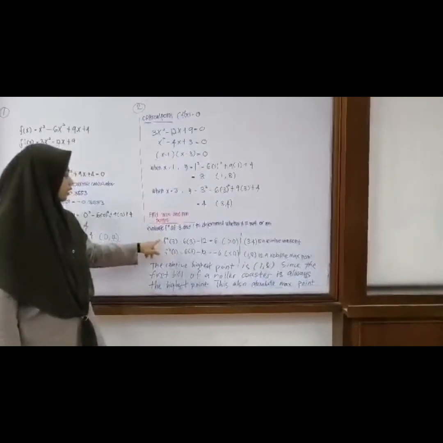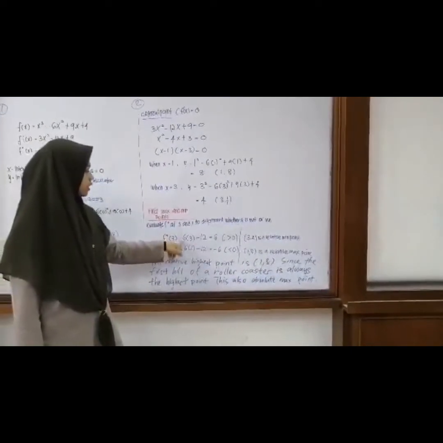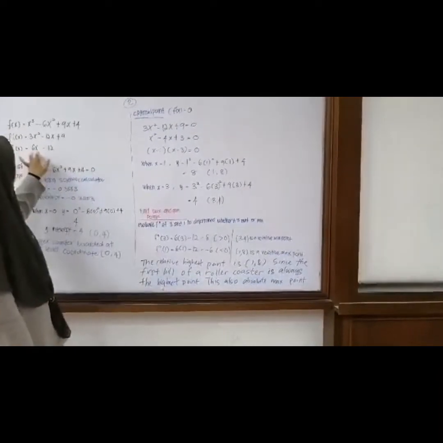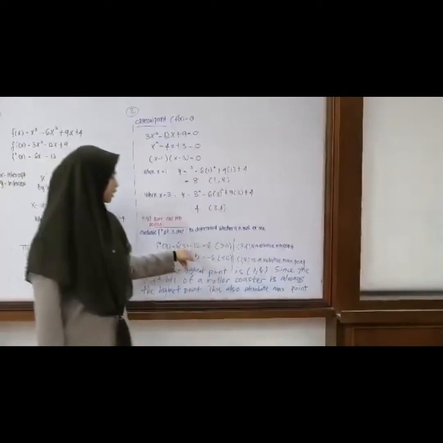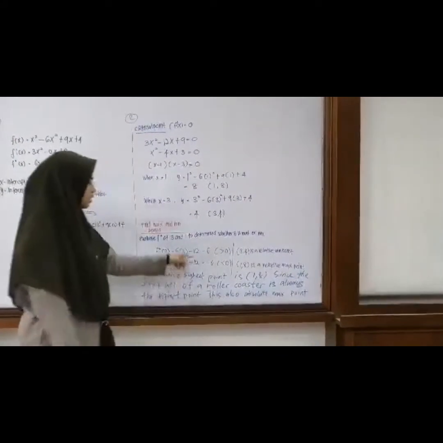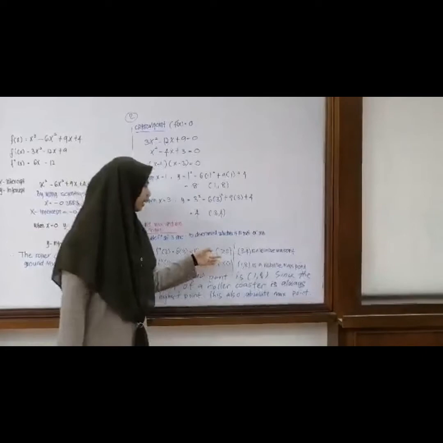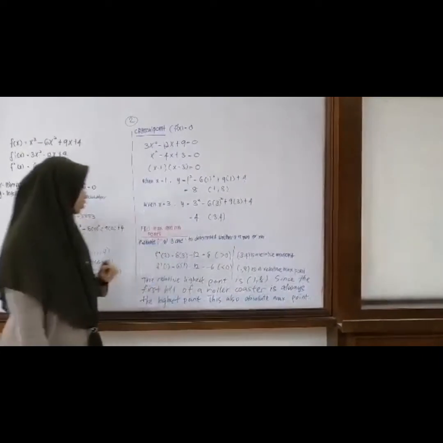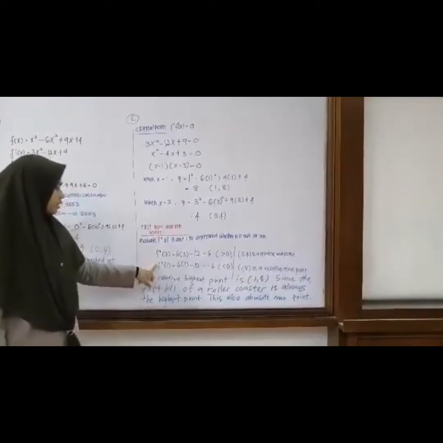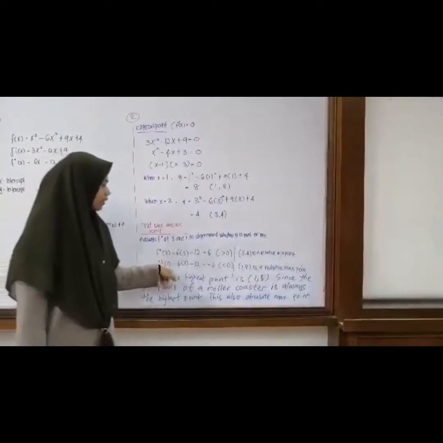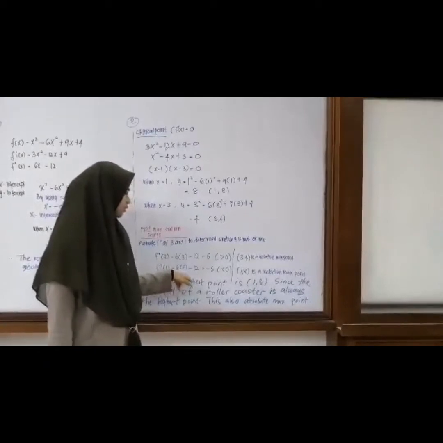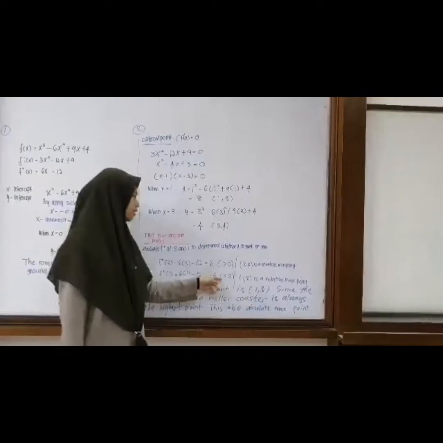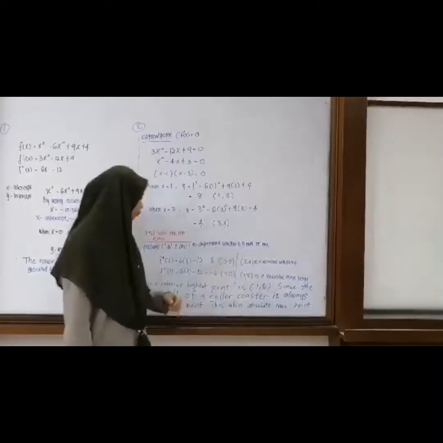So we take the second derivative and substitute 3 in that function, and we will get 6. 6 is more than 0. Next we substitute 1 in the second derivative, and we get negative 6, and negative 6 is less than 0.